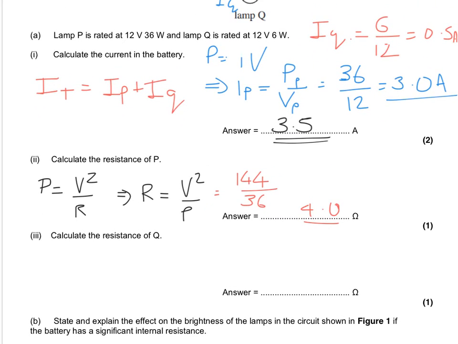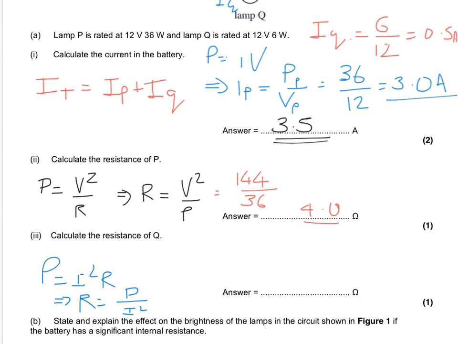Scrolling down, doing exactly the same thing for Q here. Let's do it using the other method this time, so you see both. The resistance is going to be the power divided by I squared.